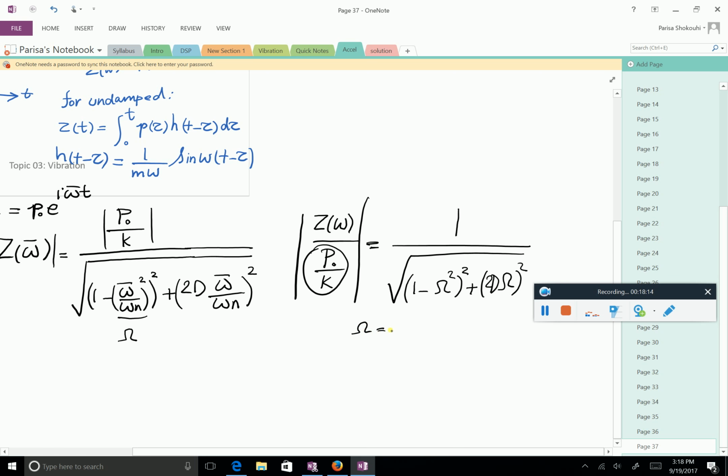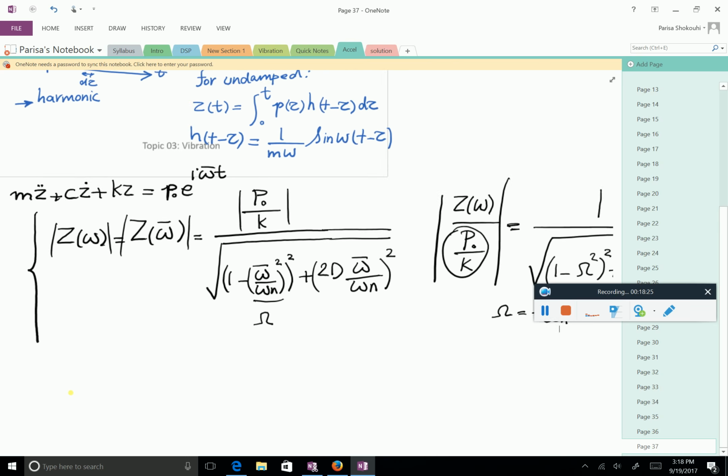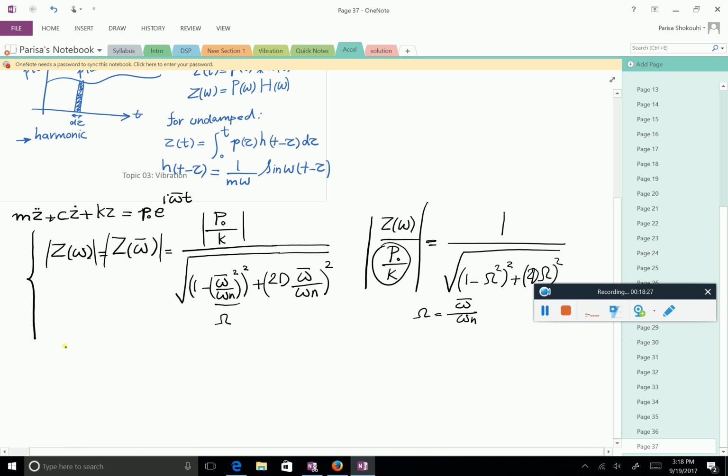So omega is omega bar over omega n. That's important. And then we also have a phase. And we saw that the phase we can also obtain this way.